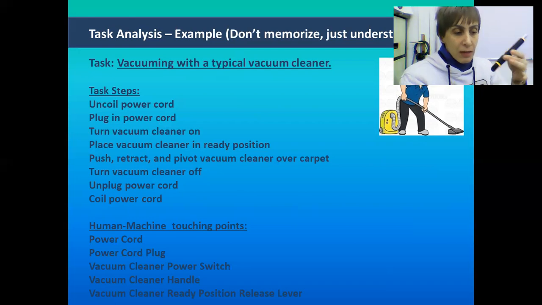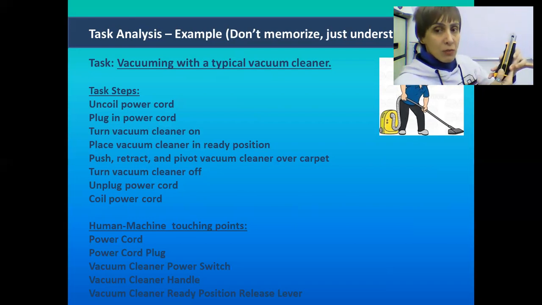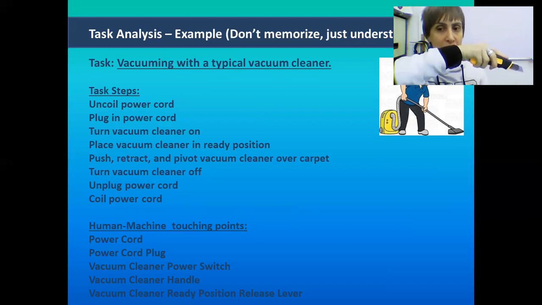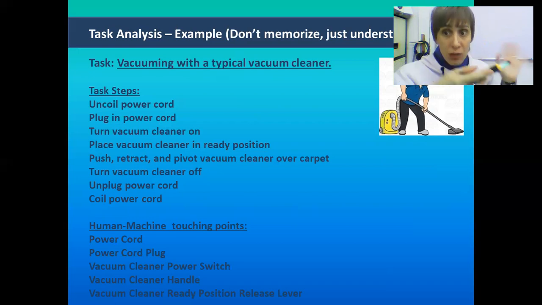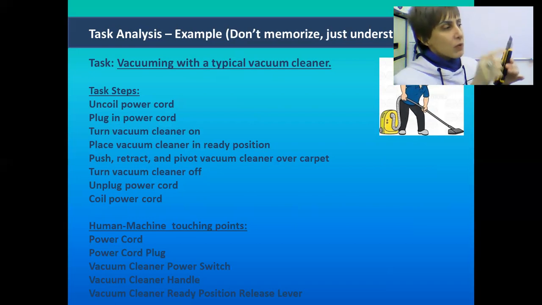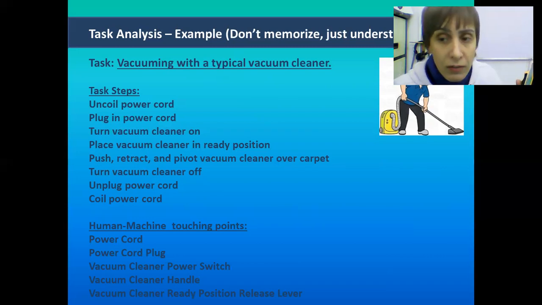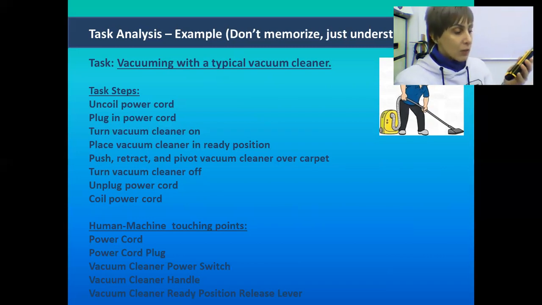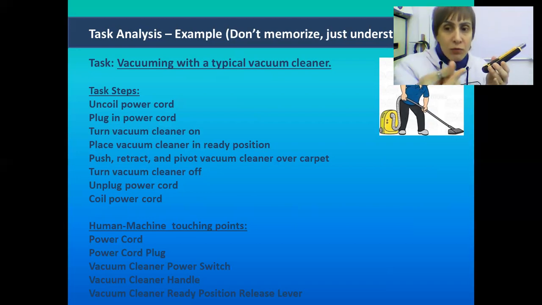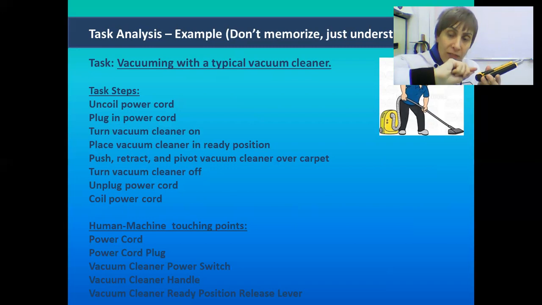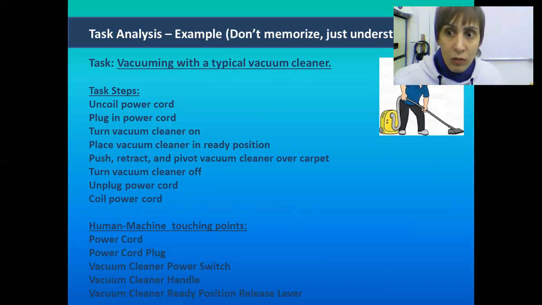For cutting, maybe I will place it in my hand, push this in a certain way, then place it in a certain way and start cutting, okay? But if I want to change this blade, I have to do totally different task steps. So I have to open this part here, retract the blade, take another blade and place it in its position, and so on, and so on.